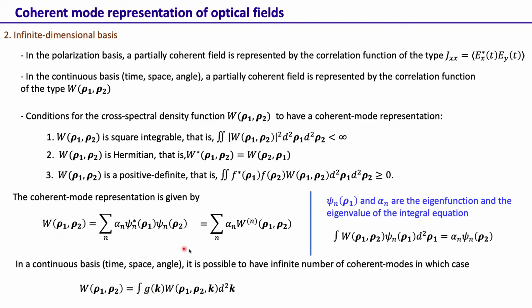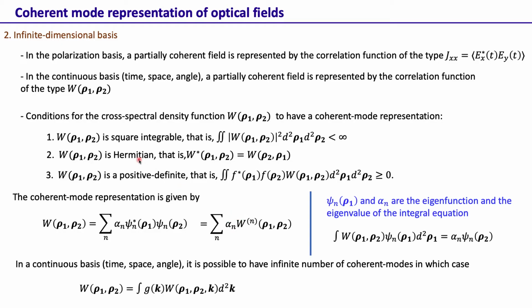So this is the coherent mode representation of the cross-spectral density function. That means we write this partially coherent field W as a sum of the cross-spectral density functions corresponding to the coherent modes, and these alphas are the weightage.